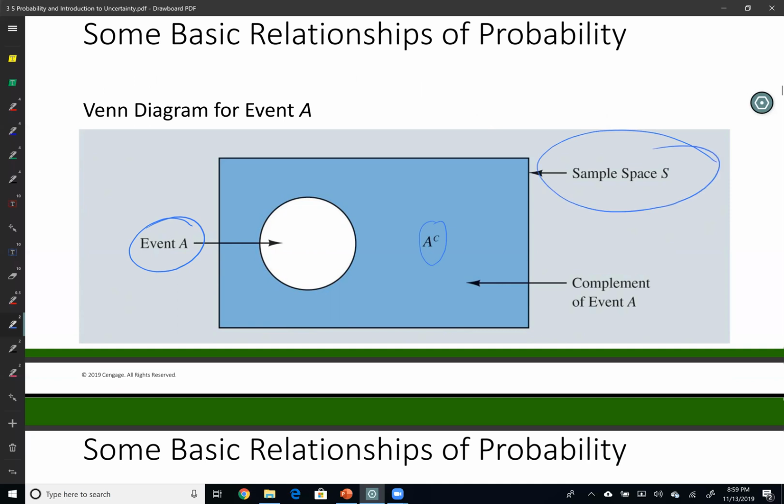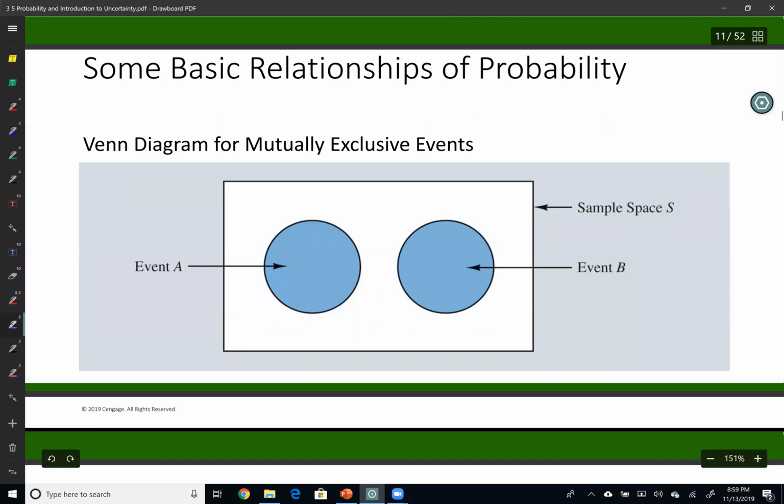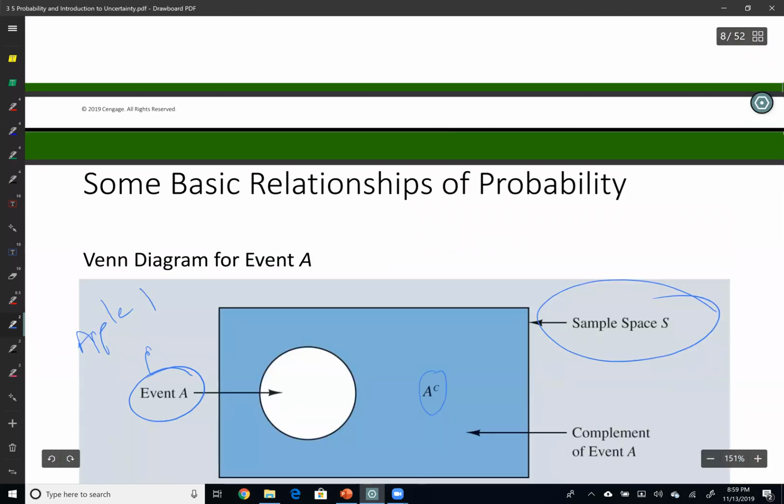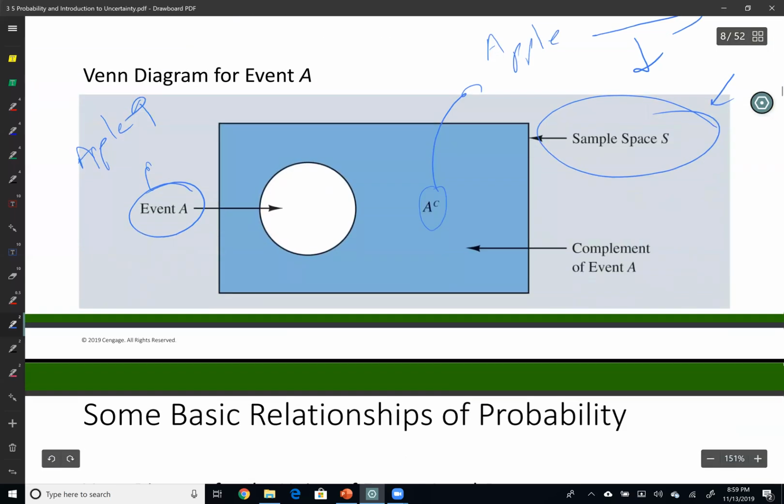For example, if I define event A as Apple stock to go up, basically a complement would be Apple stock to either stay flat or go down. When you add them up, it will add up to 1. That's why probability of A plus probability of A complement will be 1.